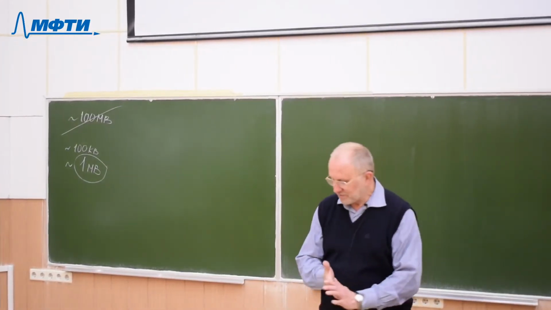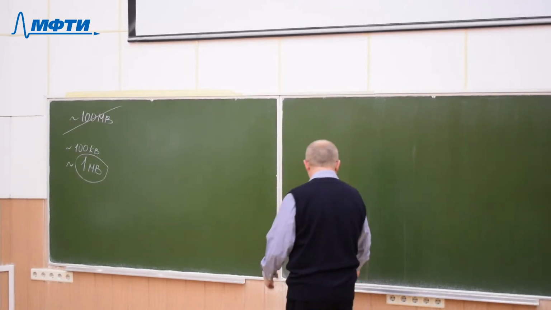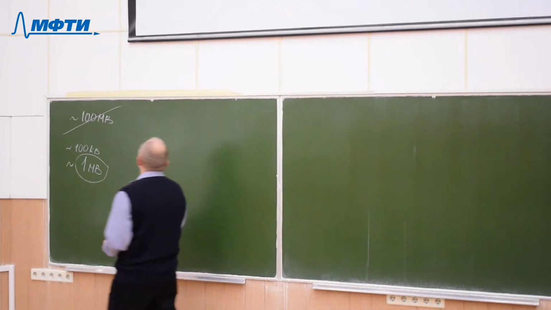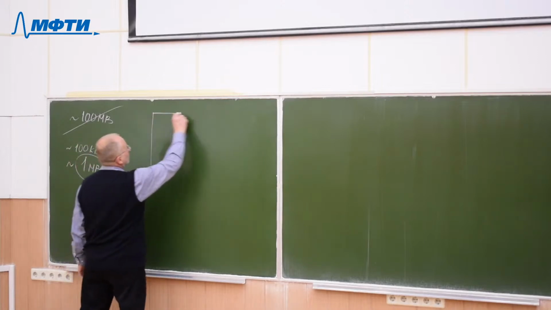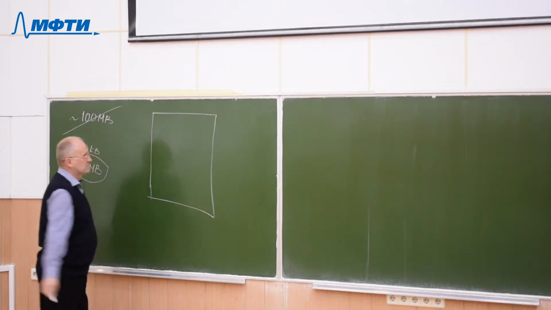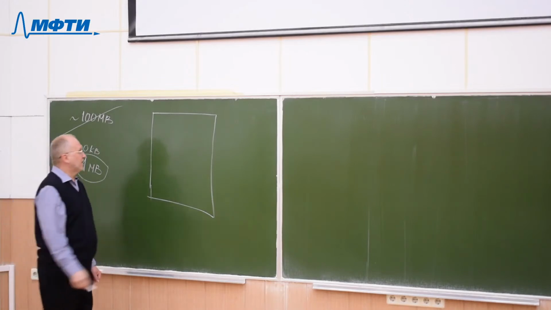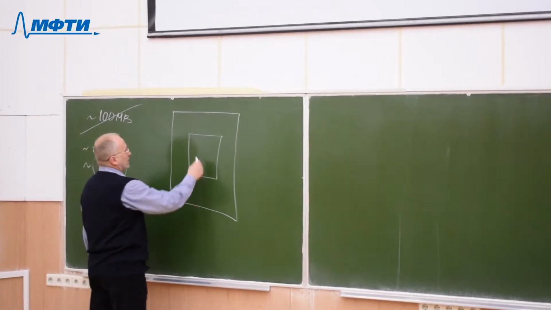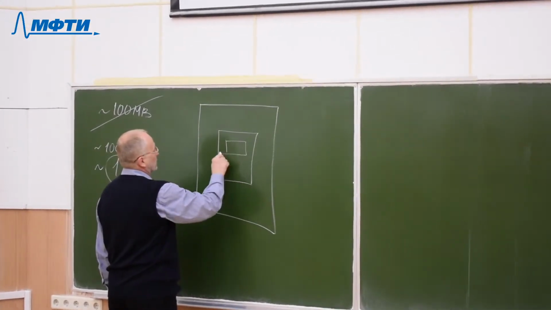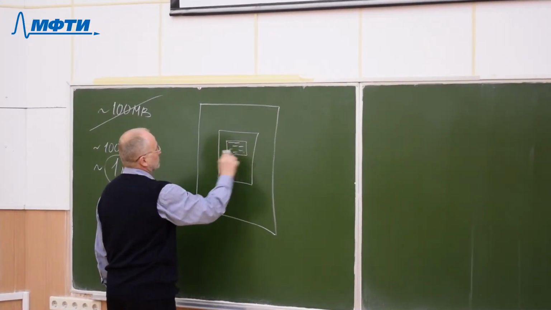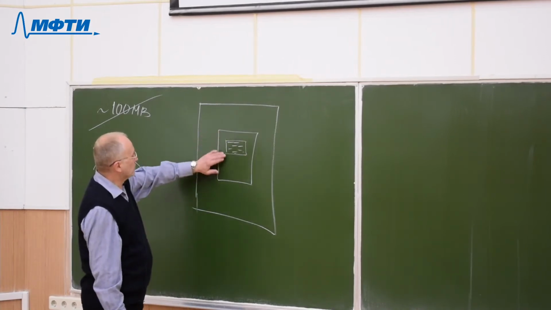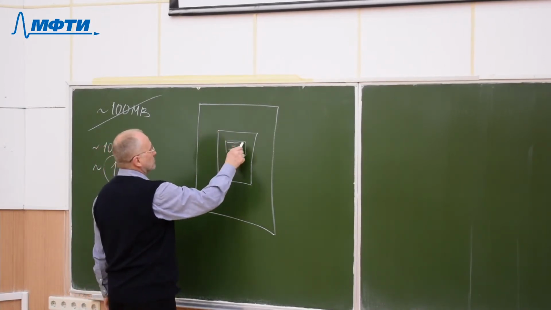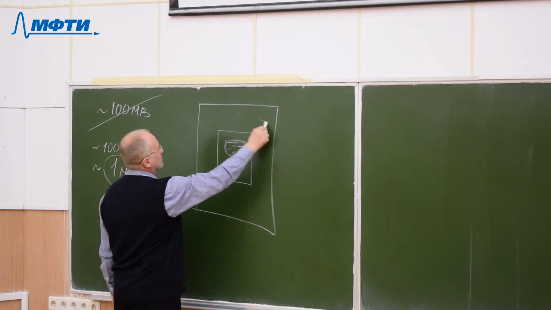Also, there is another mistake which some of you made. You sent me a photo, and the sheet of paper occupies just a small part of it. Your formulas on the sheet of paper occupy just this part. The useful information is here, but all this is unnecessary.